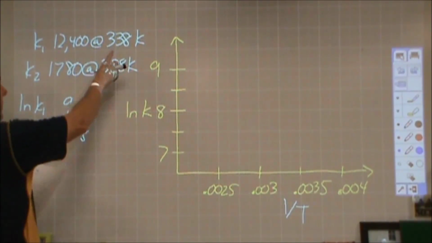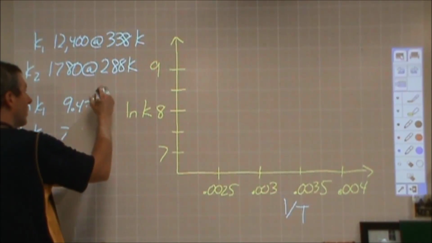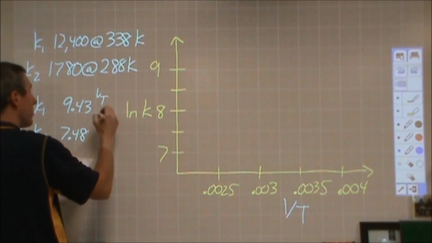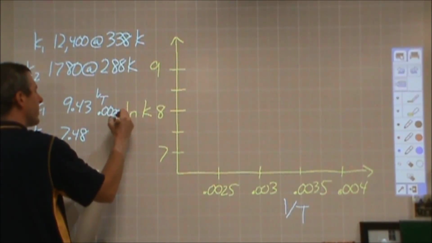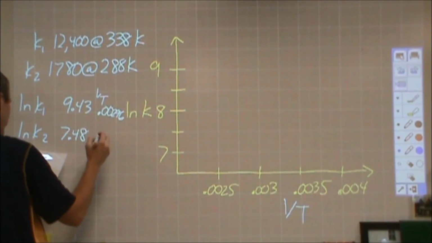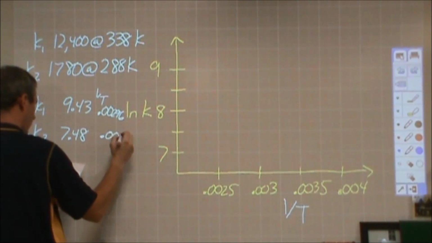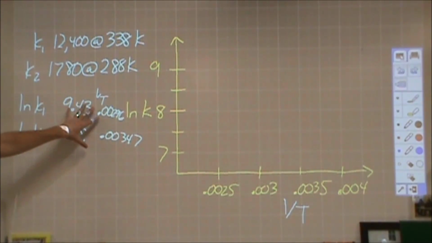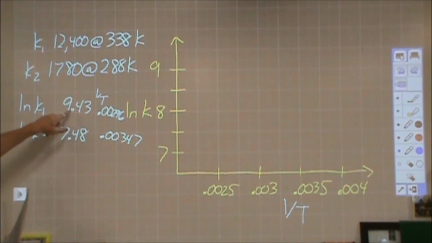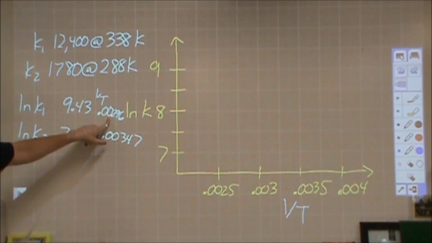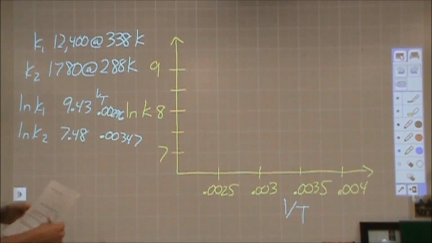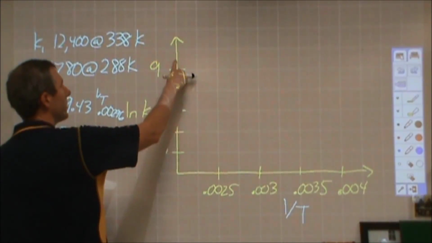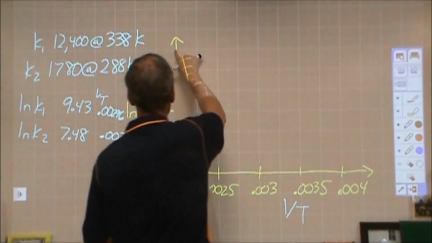Then 1 divided by 338 is 0.00296, and 1 divided by 288 is 0.00347. So I'm going to plot these numbers. I want 9.43 with 0.00296. Here's 9, here's 9.5, so a little underneath this line.